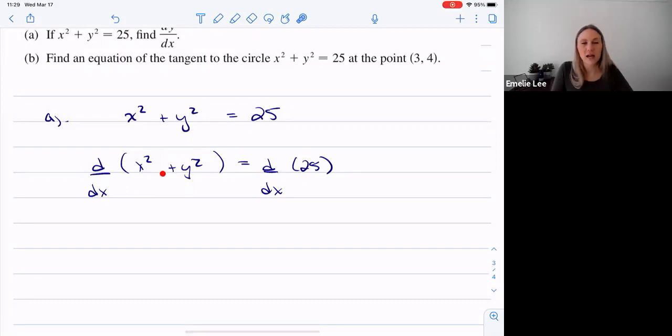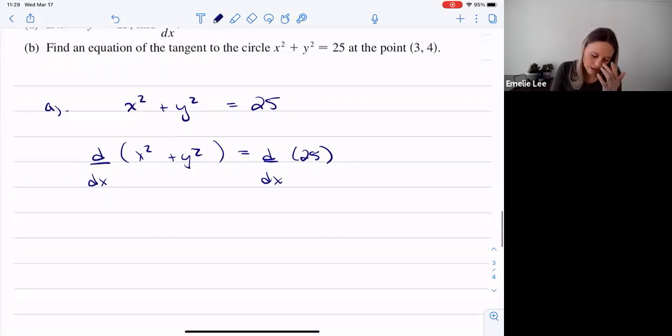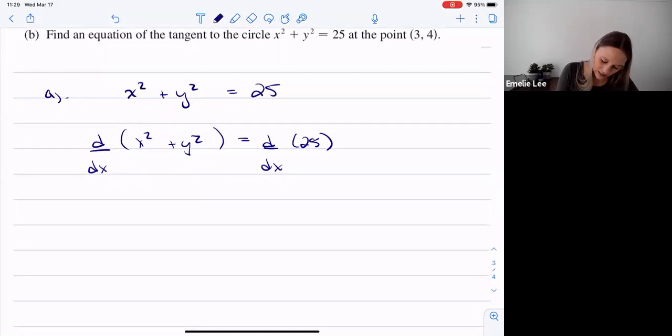So here, to start off with, we basically have a polynomial. I know how to take the derivative of this thing, but then I also need to pump the brakes a little bit because I have this y that I need to deal with, like the chain rule. And then I have the derivative of a constant, which we know goes away. So here, when I take the derivative, well, the derivative of x squared we know is just 2x.